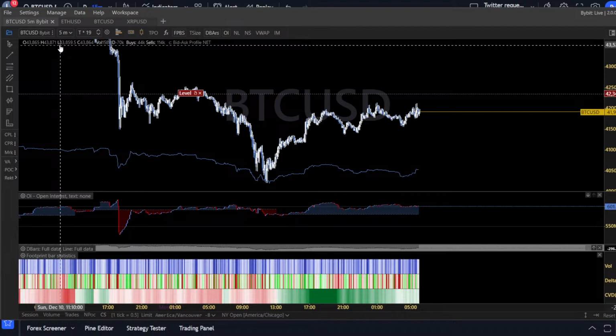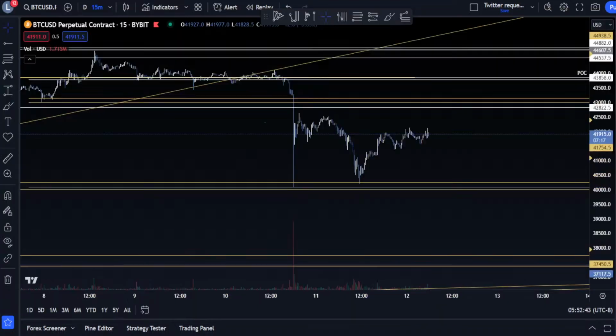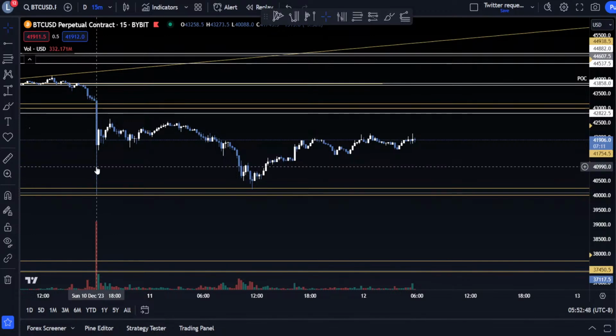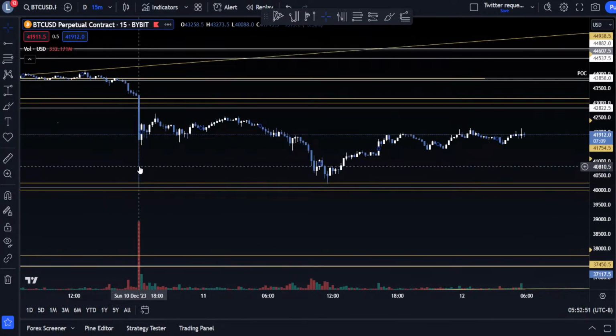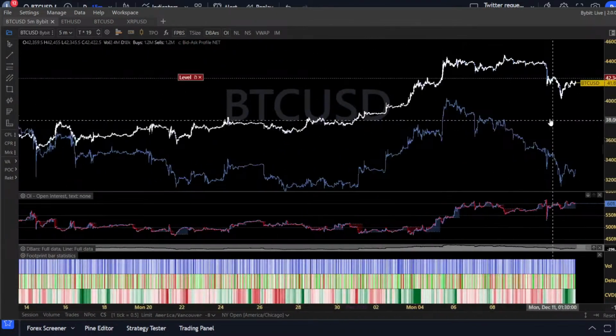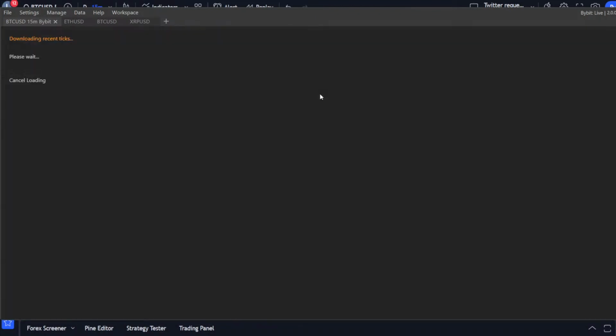This is BTC USD on Bybit, and this wick is missing for some reason. Oh, I am such an idiot. I thought it was on the 15-minute chart.